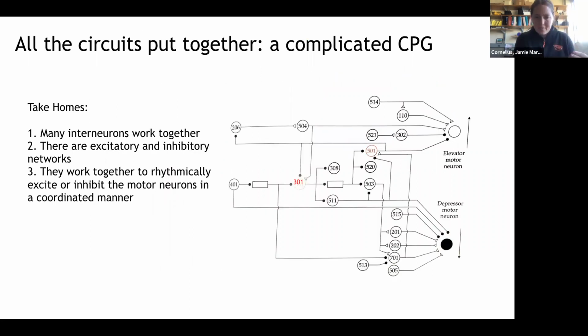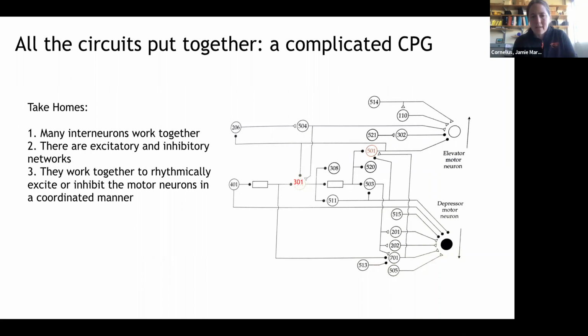When you put all of the different circuits together, this is the figure in Karoo. I'm going to show you another figure from a different paper next, but basically what you can see is that it gets complicated really fast, and even in a simple system like a locust, there's still a lot going on, and it can be really hard to map all of those different interactions.